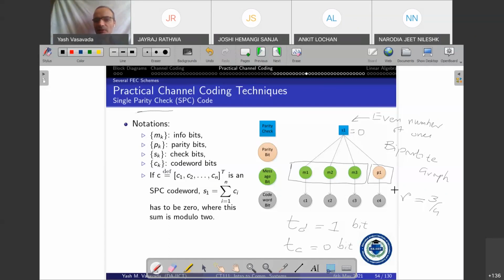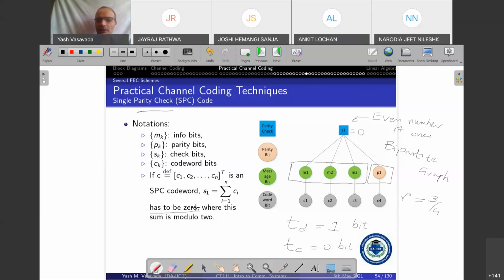We add this parity bit in a manner so that there is always an even number of ones in these 4 bits, C1 to C4. And so no wonder when we add C1 to C4, we are guaranteed to get S1, which is 0.